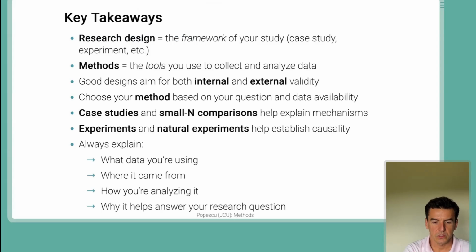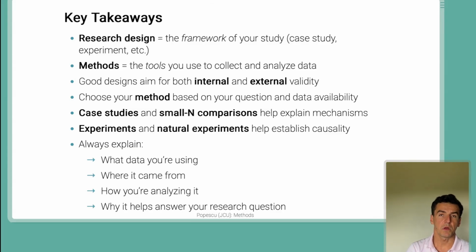Okay, so just some key takeaways here. It's important to distinguish between research design and methods. The research design is the framework or the plan for your study. The methods are really the tools that are used in order to collect and analyze data.